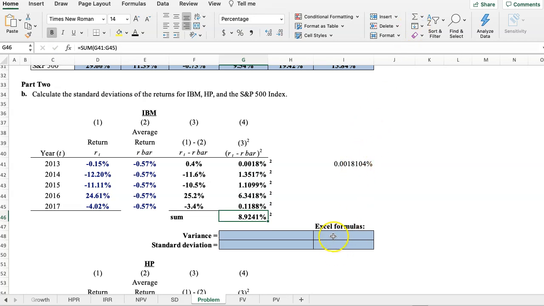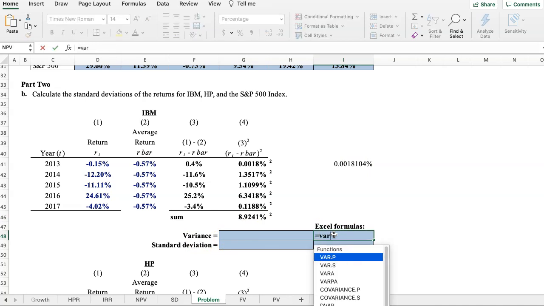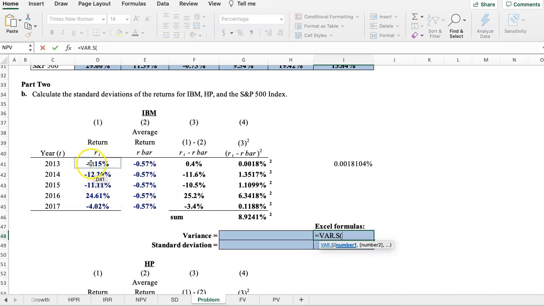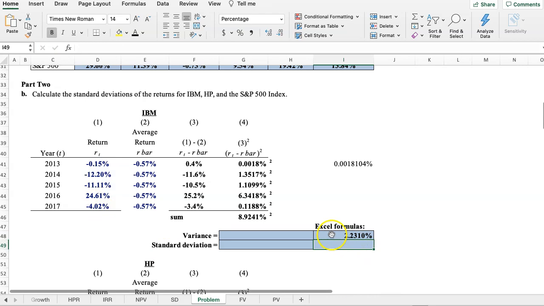Now, to calculate the variance, I'm going to use an Excel formula. So I'm going to use equal VAR.S, and I'm going to highlight D41 to D45. Close parentheses, and I get a variance of 2.23.